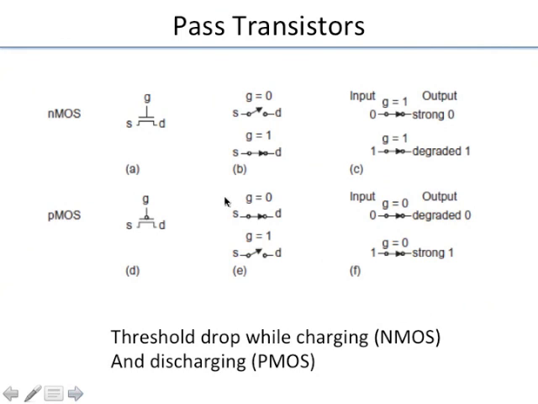So that means the current is flowing from right to left. S is 0, D is high, and there is a large gate to source voltage because gate is 0.